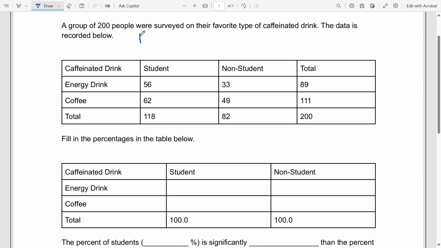Our explanatory variable, let's say that's student status, whether they're a student or not. So we'll just abbreviate that, student status. And our response variable is going to be the type of caffeinated drink. So we'll just call that CD.